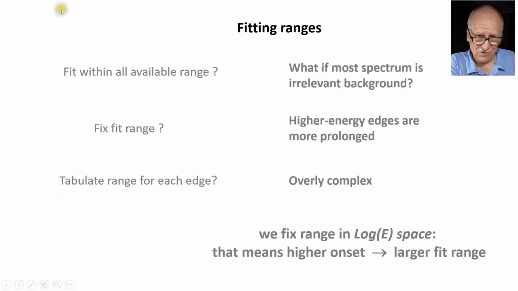There are several approaches to that. For instance, sometimes people say we must model all available, all recorded energy ranges without any exceptions. Okay, that's great, but my question is, what if a big part of your recorded spectra is nothing but just irrelevant background?